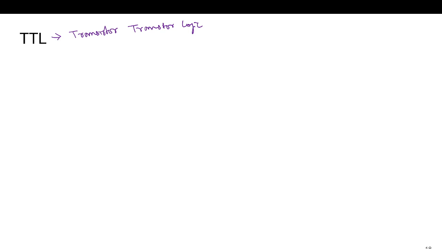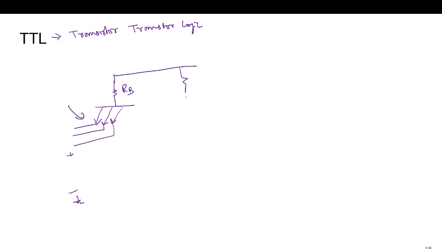So we will have a multi-emitter circuit, where we apply the input, and this will work for current steering, and this resistance.